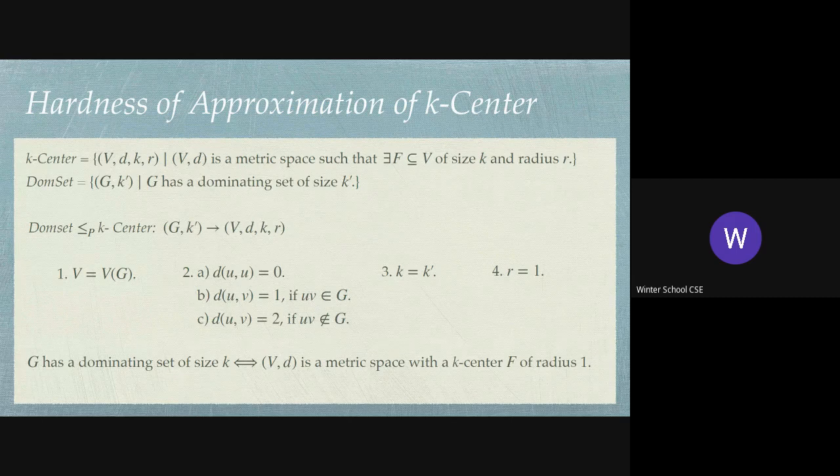Now suppose G does not have a dominating set of size k. What will be the minimum radius of a k-center? More than 1, right? But can you tell me a number?